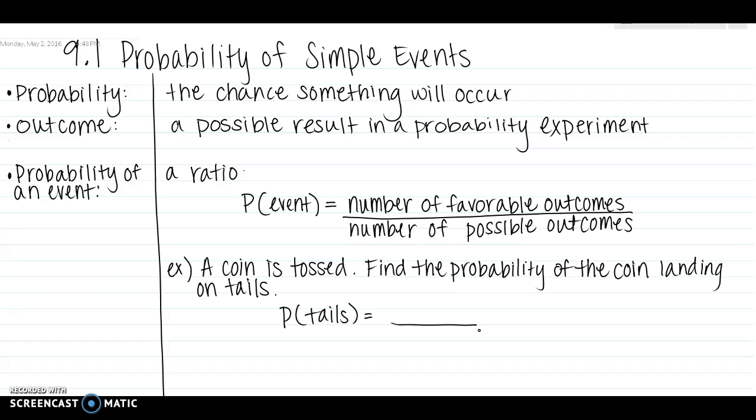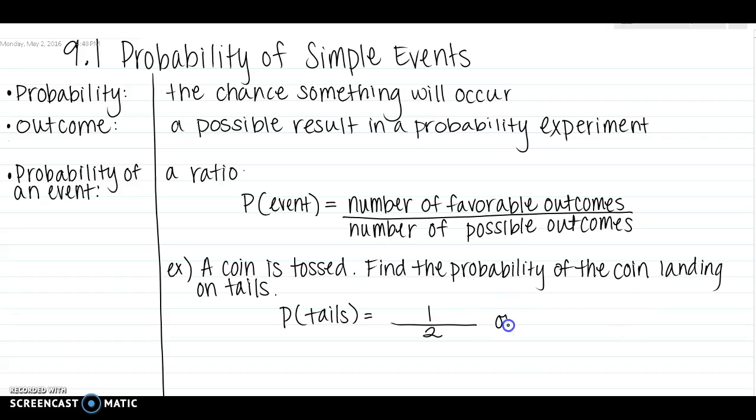There are no other choices, so there are no other outcomes. That means there are two possible outcomes. The number of favorable outcomes of getting a tails, well, there's only one way to get a tails when you flip a coin, because it's only on one side of the coin, is 1. So my probability would be 1 out of 2, or a half.